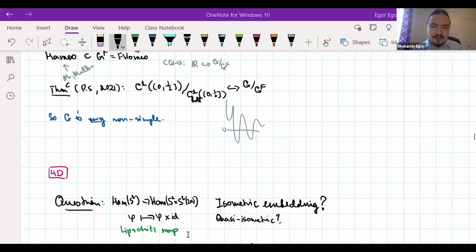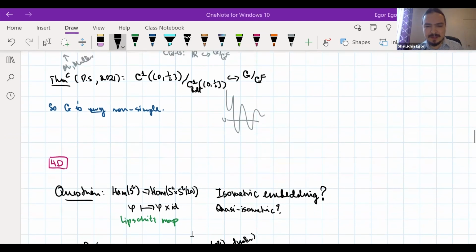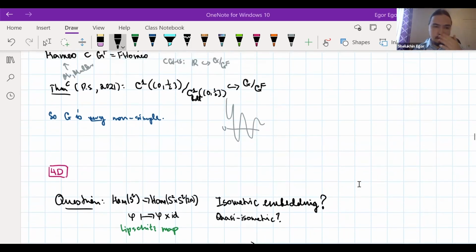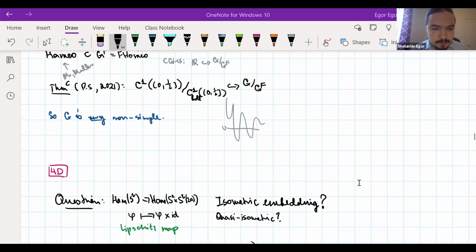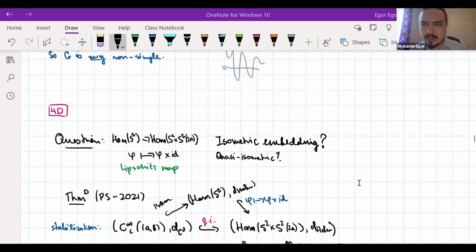Of course, it is a Lipschitz map, so in fact it decreases the lengths. So there's a chance for both of these questions to have a positive answer. And we don't know how to prove this. However, we can go somewhat towards this direction.